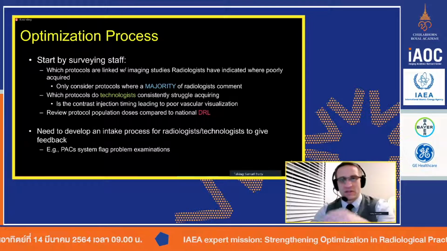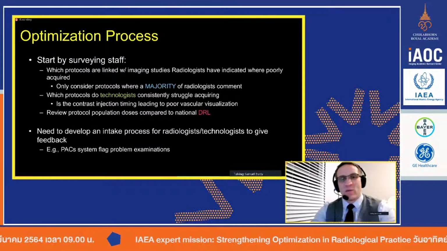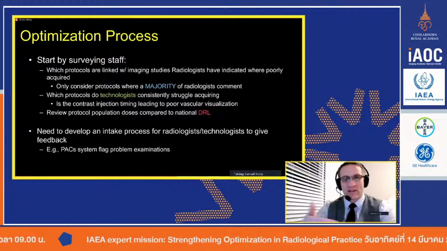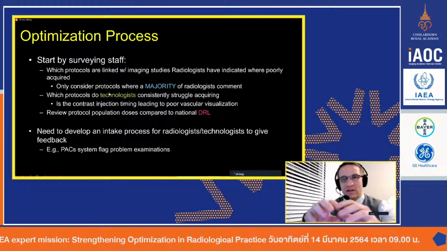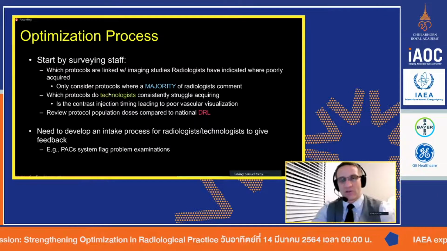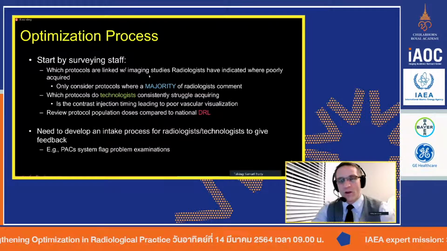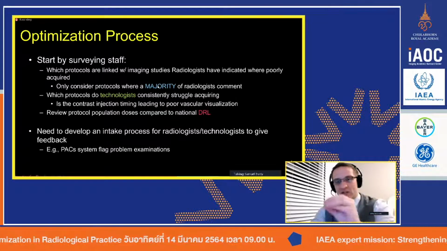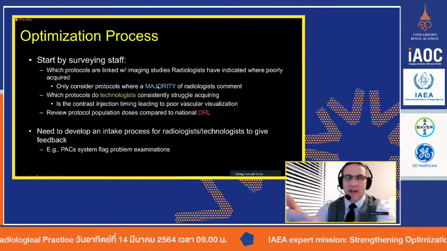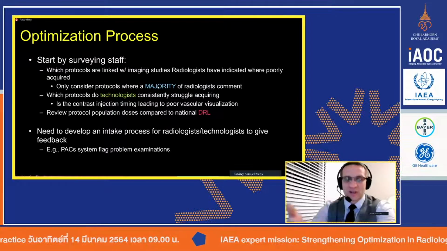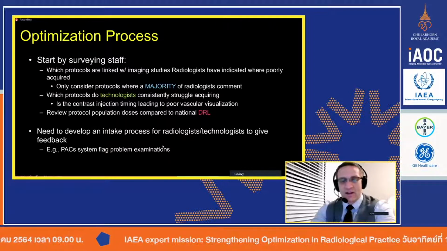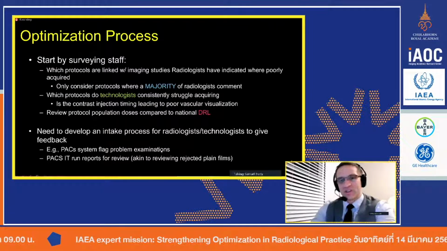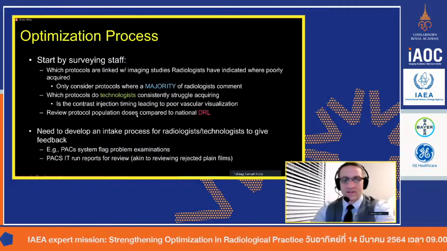They just simply have to click yes or no. And by creating a way to track this in real time, it gives the optimization team the opportunity to figure out where the majority of the issues lie, instead of just simply asking radiologists or technologists. So if we can find a more blinded, probably a little bit more scientific way to track this, it's better.